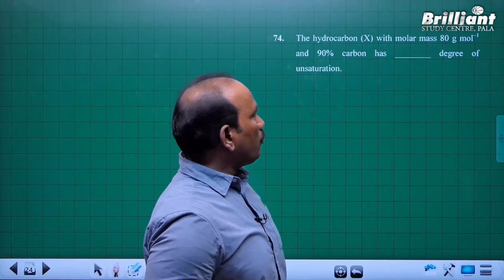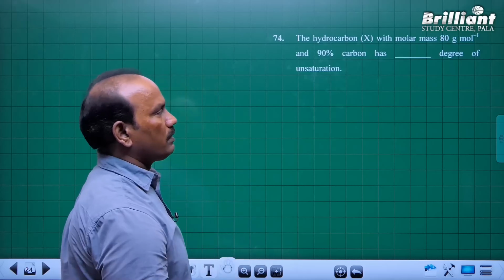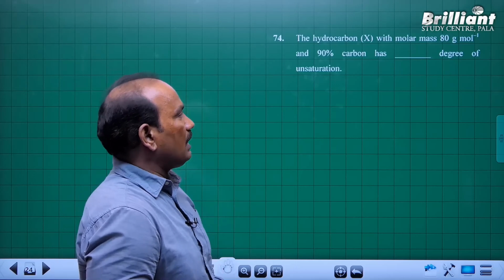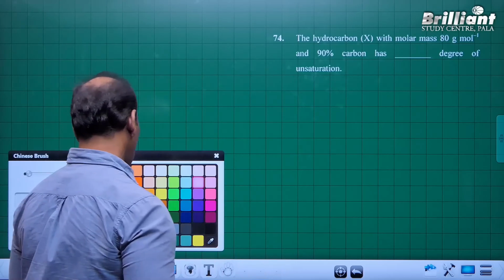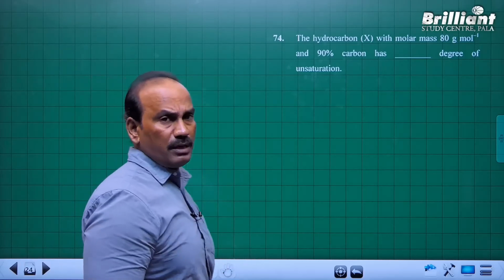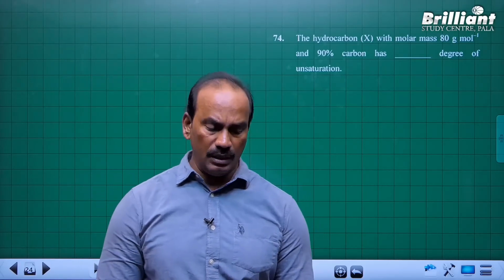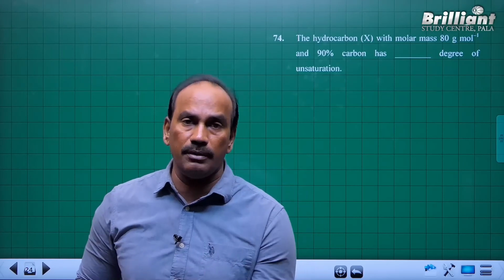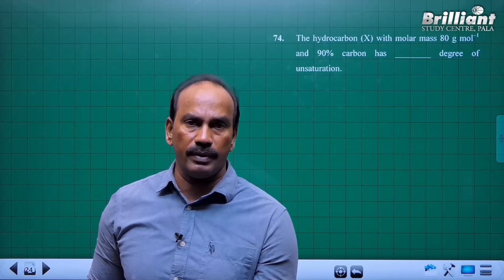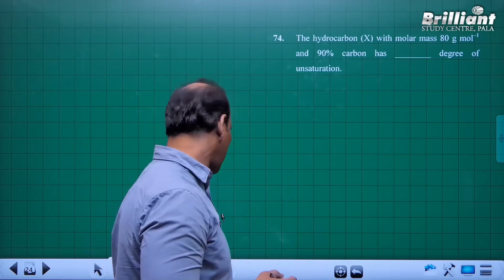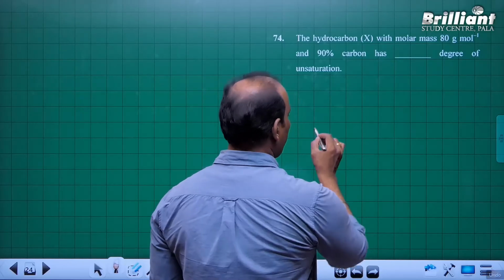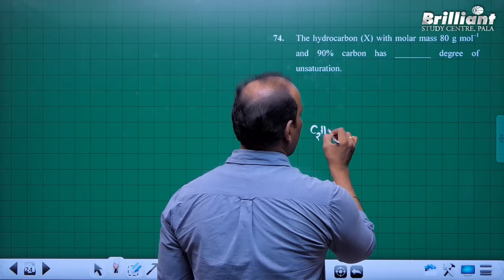Here, a hydrocarbon X with molecular mass 80 gram per mole and 90% carbon has a certain degree of unsaturation. So, what is the degree of unsaturation? Degree of unsaturation means the number of hydrogens less when compared with the relative alkane. 2 hydrogens less forms one degree of unsaturation. For example, I am taking C2H6.